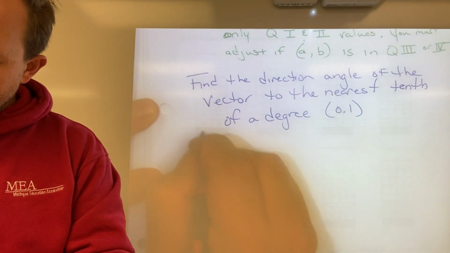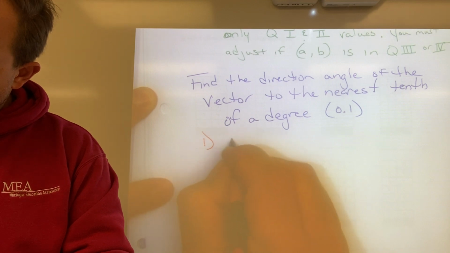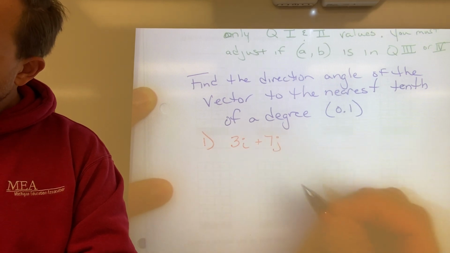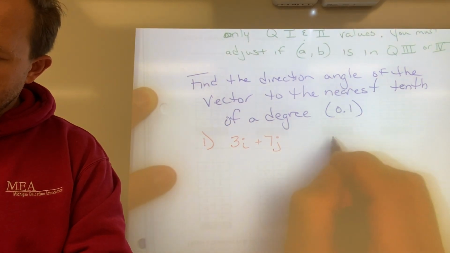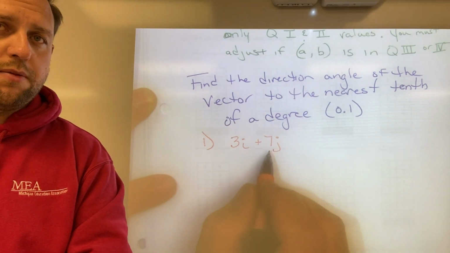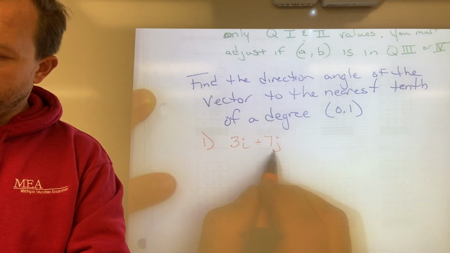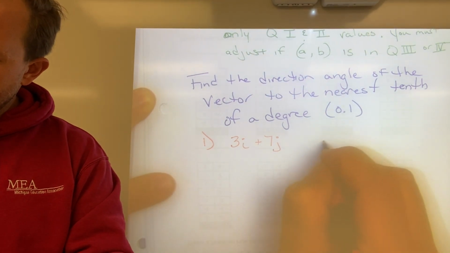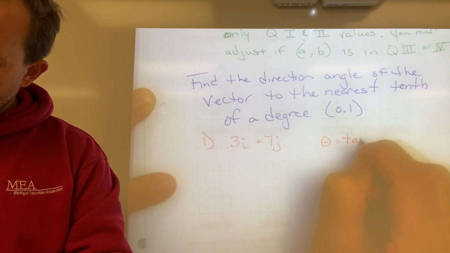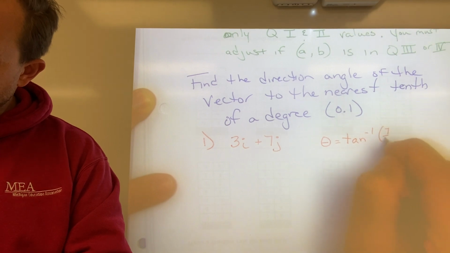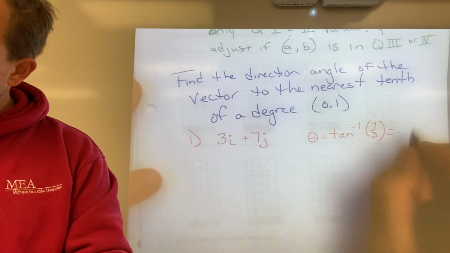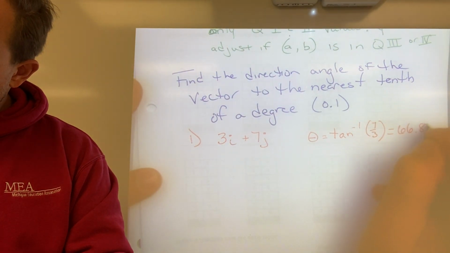So for number 1, we have 3i plus 7j. Well, we know that that's going to be in the first quadrant because both the 3 and the 7 are positive. So we have a positive x, a positive y. So we know we're in quadrant 1. So to find theta is simply tan negative 1 of 7 over 3. And when we type that into our calculator, making sure we're in degrees, we'll get 66.8 degrees.